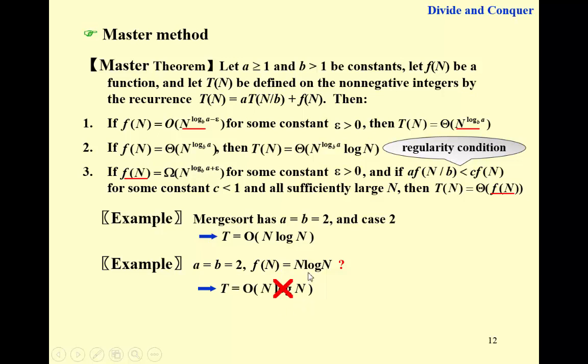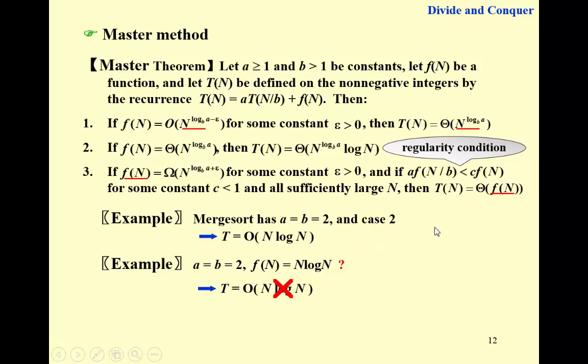Because log n grows so slowly that it grows slower than n to the power of any positive number. All right? So it just means that we cannot obtain any conclusion based on this master theorem. We simply don't know. Okay? So again, although this is called master theorem, it doesn't cover all the cases.